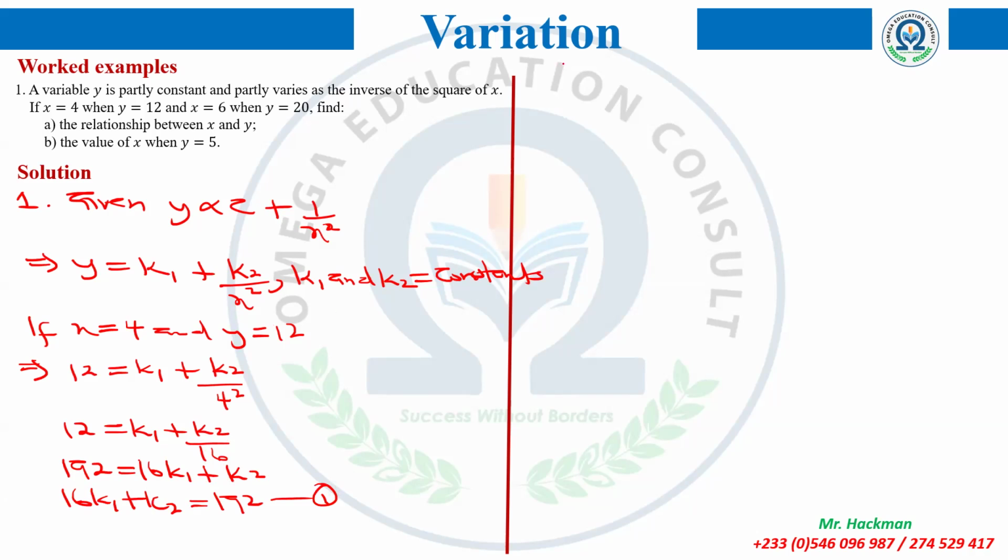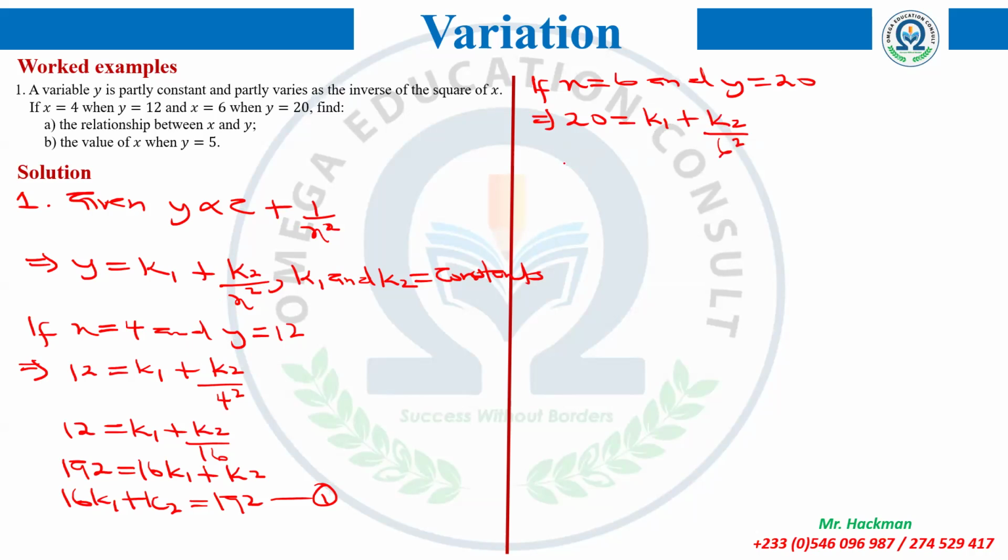Then you go for the second statement: x is equal to 6 and y is equal to 20. This implies that 20 will be equal to, we substitute here, k sub 1 plus k sub 2 over your x, which is 6 squared.